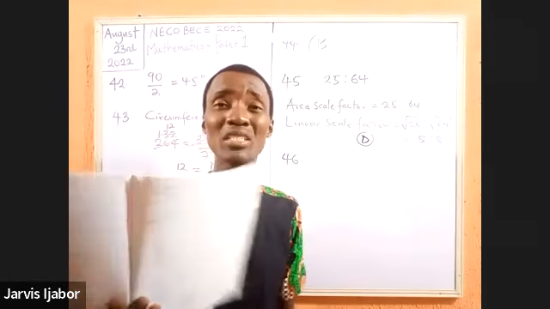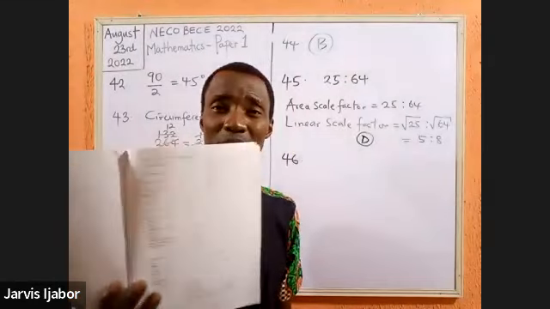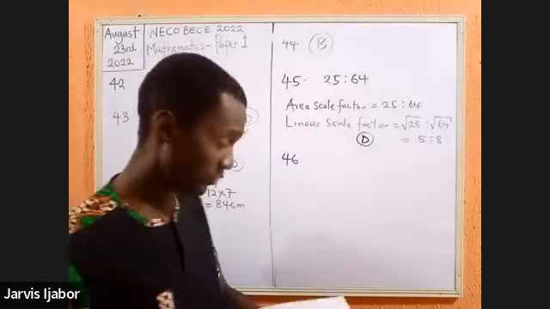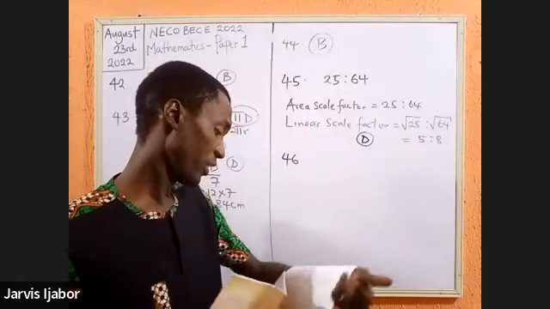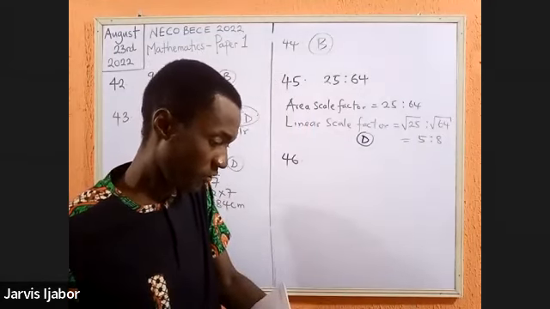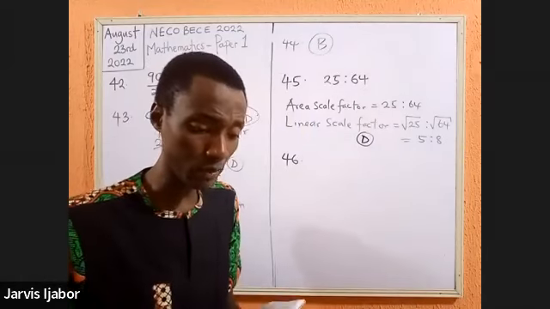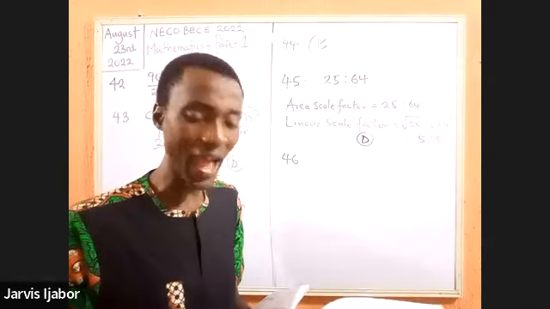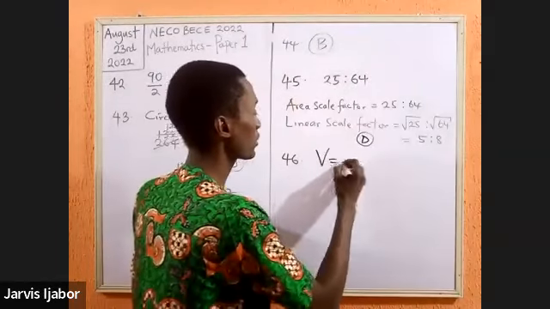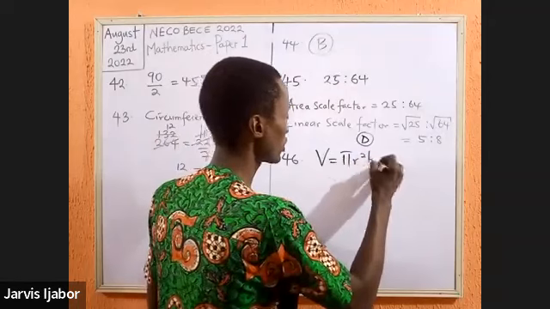Anything that has to do with area or volume, you can get here. Volume of a cylinder is pi r squared h. I don't need to waste my time. V is equal to pi r squared h.